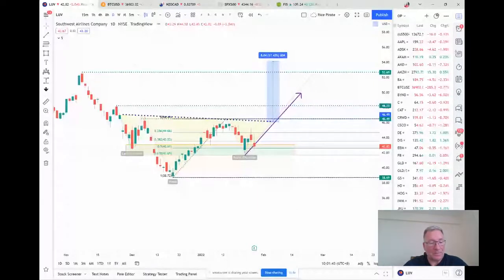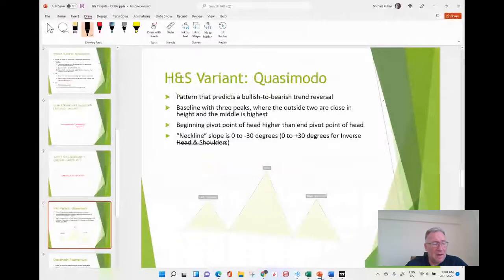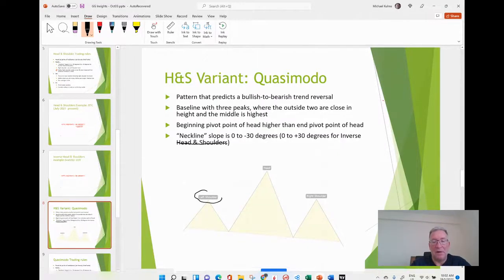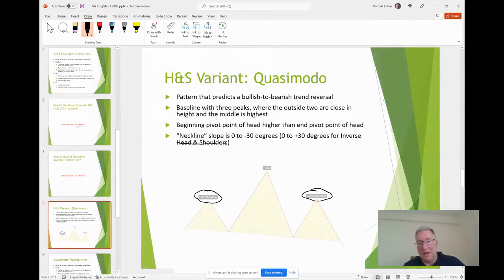A Kazimoto is a variant on a head and shoulders where the pattern also predicts a bullish to bearish trend reversal, but there's a difference. You still have your baseline with three peaks, and your left shoulder is going to be kind of in the area of your right shoulder, and your head is higher.